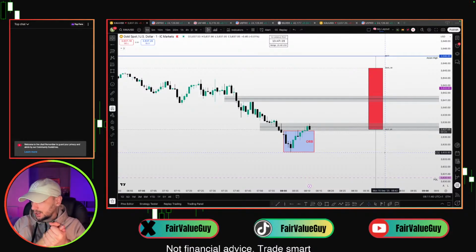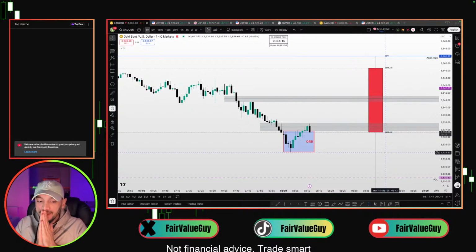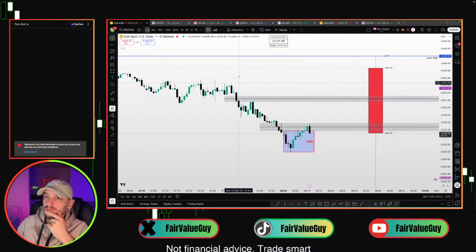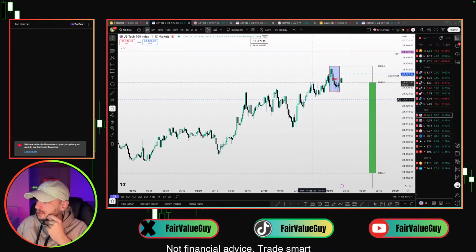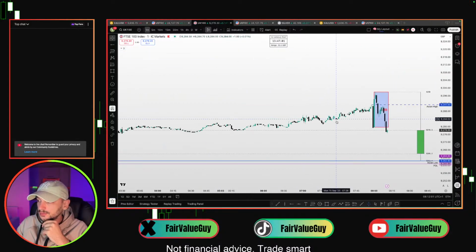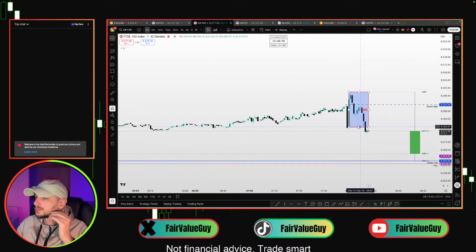Okay, gold has a candle closing above. Is this the only ORB that has a breakout? No, we have one on UK100.